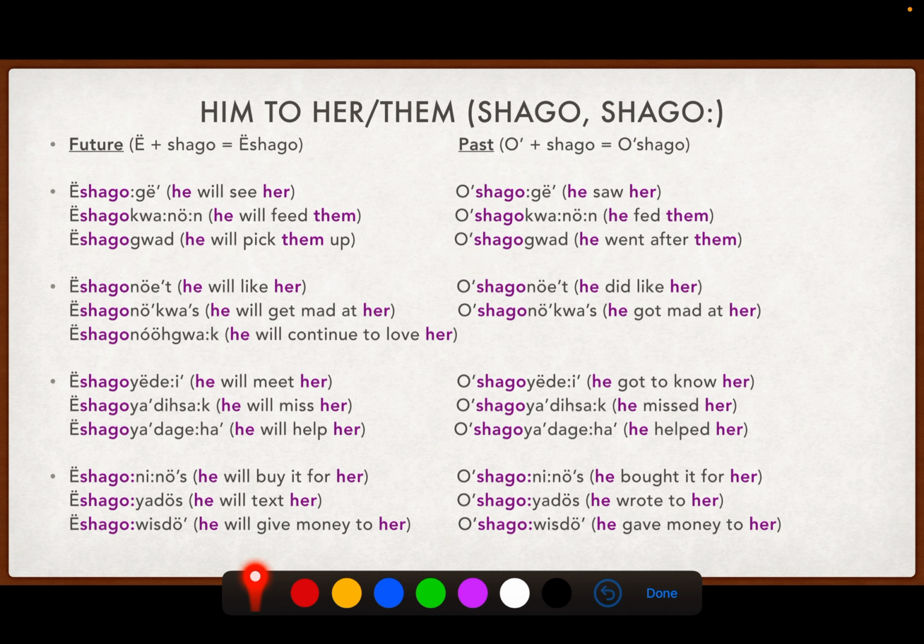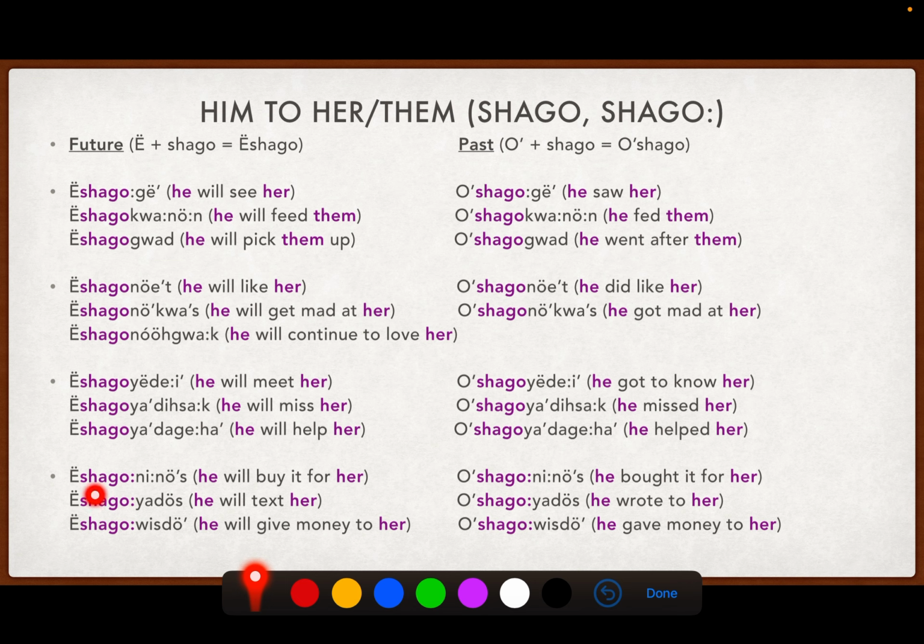O-sago-gwad. S-sago-no-quats. O-sago-no-quats. S-sago-yandi. O-sago-yandi. And then this one, because it ends in a vowel, you're going to have a lengthen on sago.